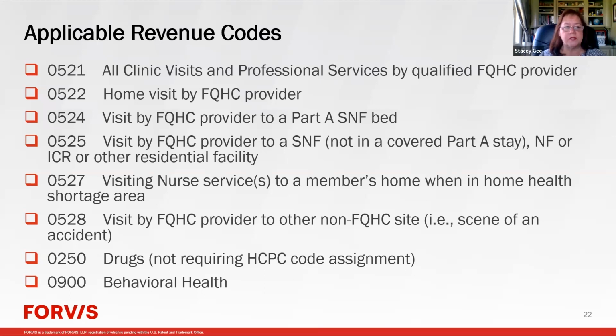There's, for example, 0528, which is a visit by an FQHC provider to other non-FQHC site, for example, the scene of an accident, when we were talking earlier about acceptable locations for an FQHC visit. This one would apply to that if it's the scene of an accident. And then you've got your drugs, 0250, and then behavioral health. Any kind of behavioral health service is going to be reported with that revenue code of 0900.